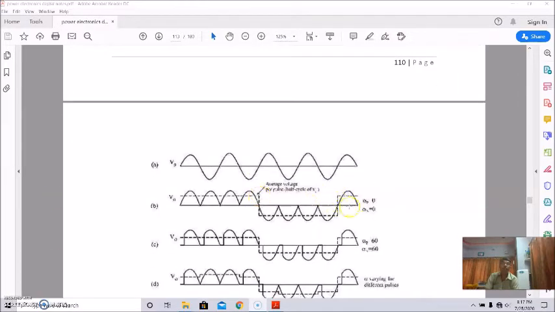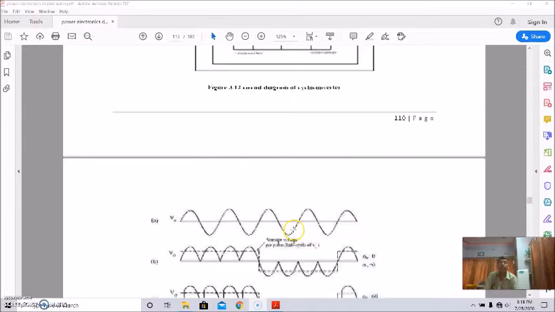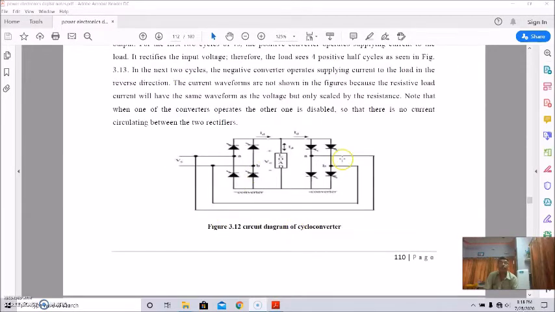Okay. So this is for positive average voltage per half cycle. This one is positive half, this is for negative half. Alpha P equal to 0 for positive converters, this is alpha N equal to 0 for negative converters.